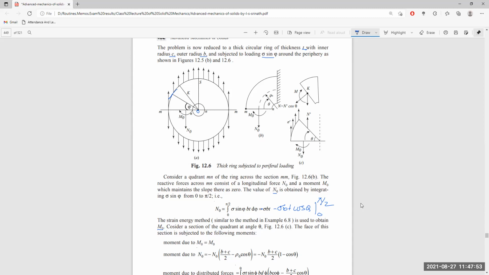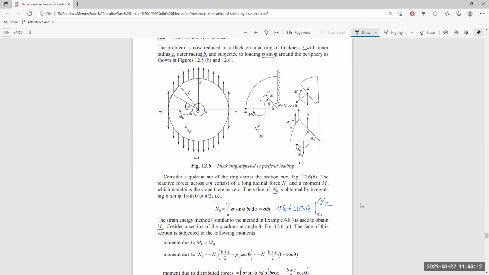Here, rho zero is the distance from the center to the centroidal axis, and we have to find out the radius R0 of the neutral axis over this ring. We'll go through that one after another.